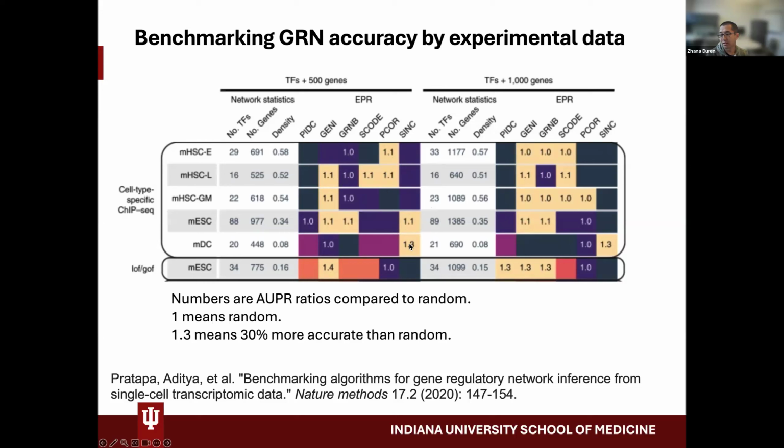That's the maximum we can get from computational inference, which means that over 20 years of study, GRN inference keeps improving, but it is a very hard problem. When compared to the ground truth data, it has very low accuracy.